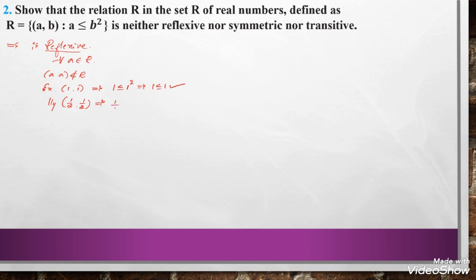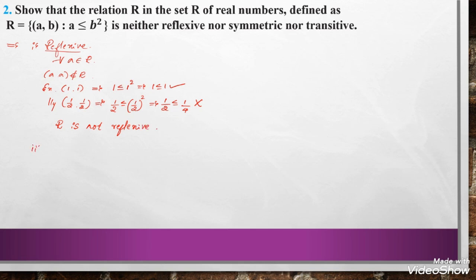Here a is 1/2, so we need 1/2 ≤ (1/2)². What is the value of (1/2)²? It is 1/4. 1/2 is not less than or equal to 1/4, since 1/2 is greater than 1/4. So some numbers do not satisfy the reflexive relation. Therefore, R is not reflexive.